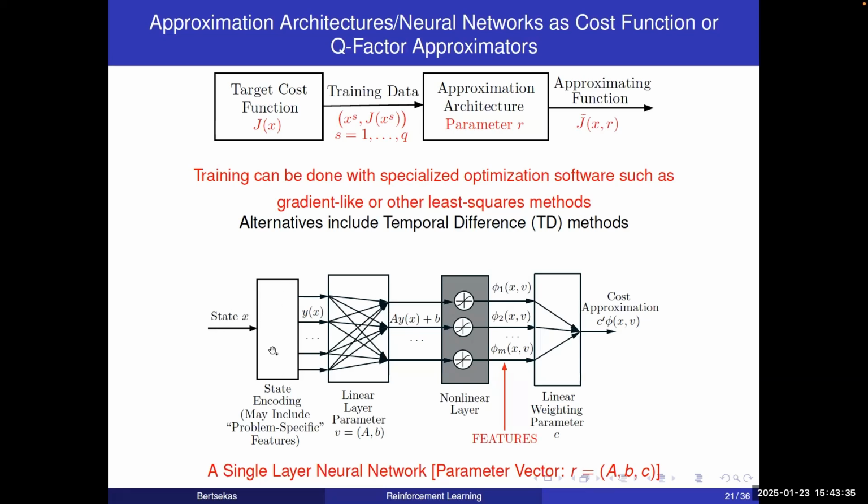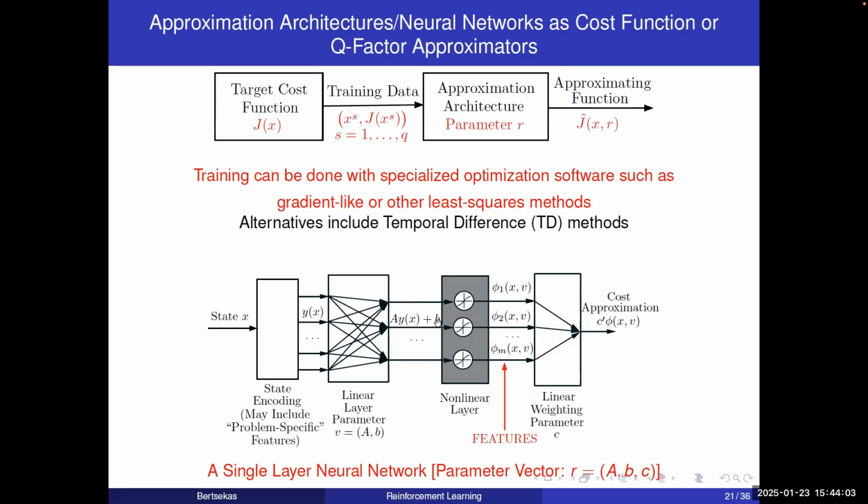There's an initial calculation that encodes the state in some other space, and this encoding we call y sub x. It's some function that's problem specific. And then we have a layer, a linear layer. We do a linear transformation on this y sub x that involves a matrix A and a vector B. Now, these are tunable. They are parameters that we need to pick.